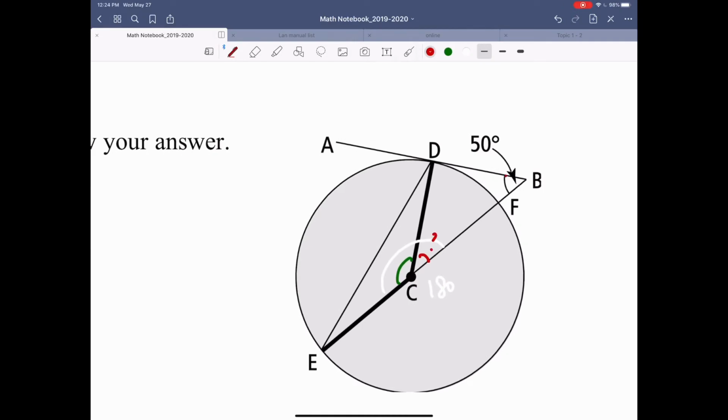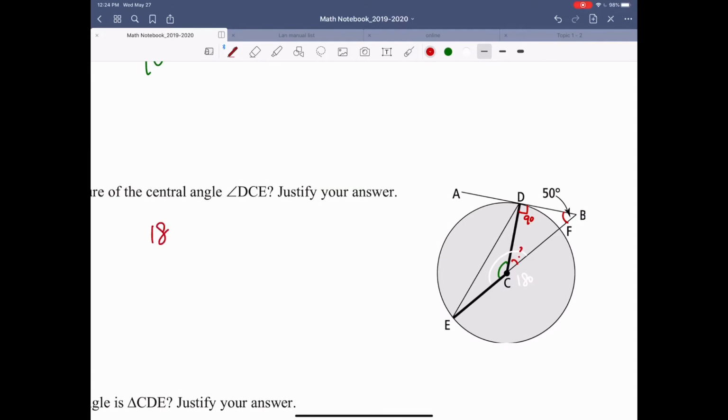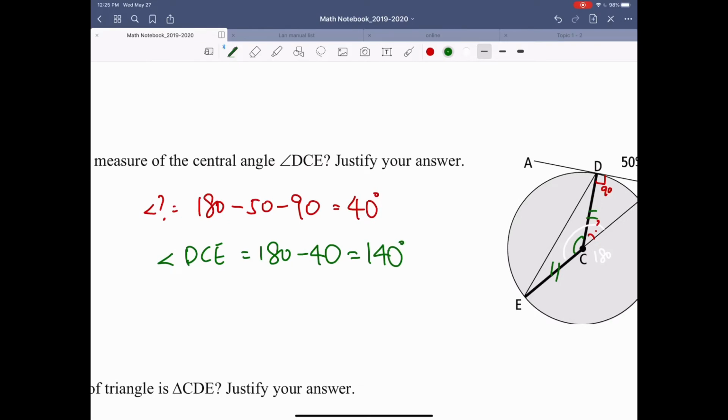Yes, because we know this is 50, this is 90. Just 180 subtract 50 subtract 90 will give you 40 degrees, which is the angle with the question mark. And the green one, DCE, which is what they ask us for, is therefore 180 minus the question mark angle, 180 minus 40, which is 140 degrees.